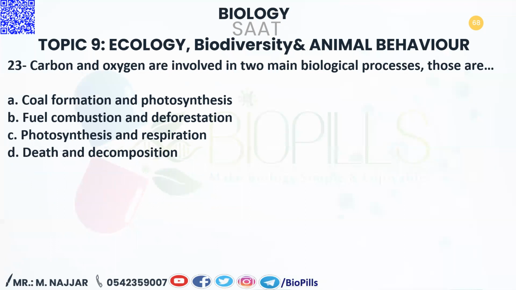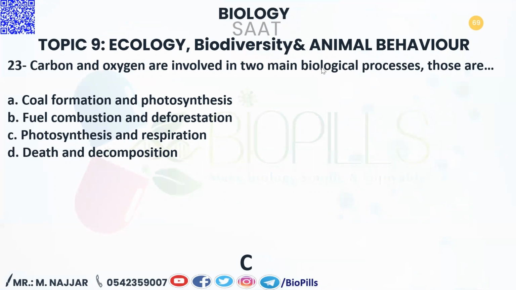Question number 23, carbon and oxygen are involved in two main biological processes. What are the two cycles or the two processes? A, coal formation and photosynthesis. B, fuel combustion and deforestation. C, photosynthesis and respiration. D, death and decomposition. Exactly, the correct answer is C, photosynthesis and respiration.